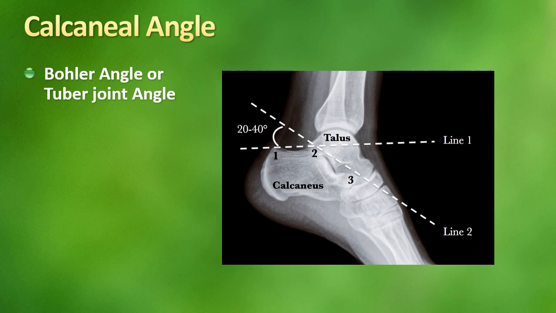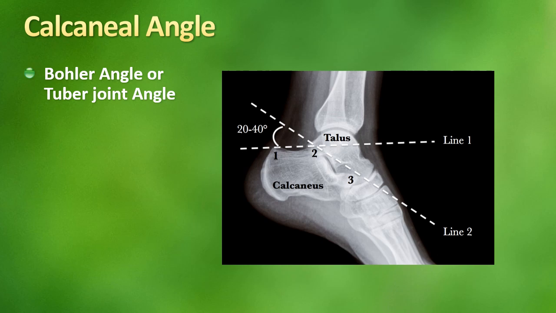Calcaneal angle, Bohler's angle, or tuberous joint angle all mean the same thing. Different textbooks use different terms to describe this angle, but they all mean the same thing. Exact words don't matter, but your concept should be clear.